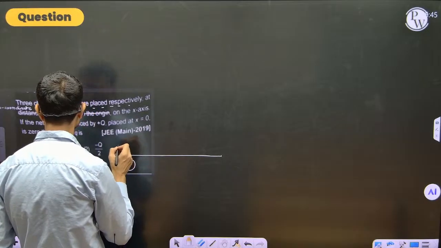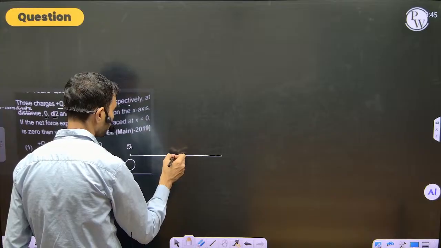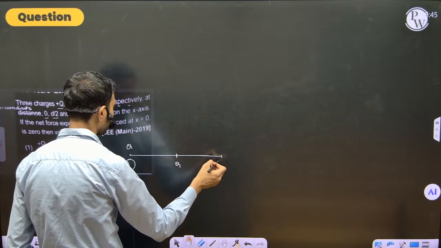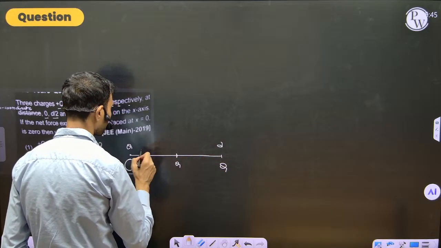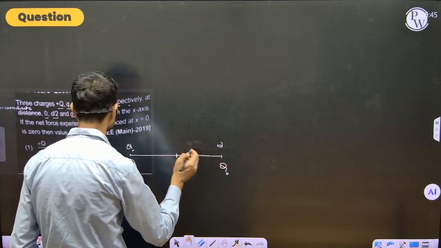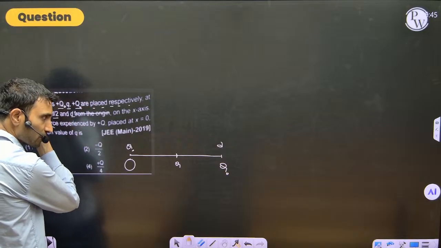At 0, at d by 2 and at d. Call them Q naught. So the side charges are all Q naught and the center charge is Q.